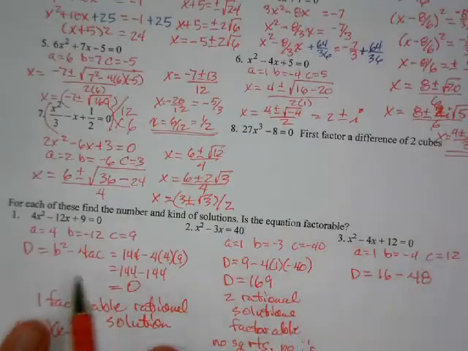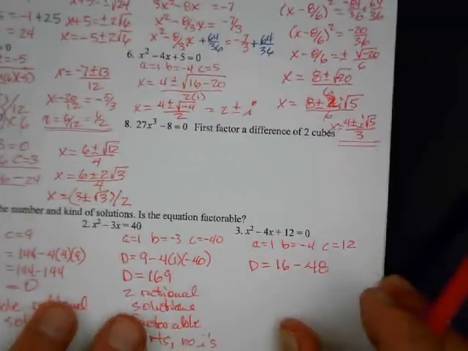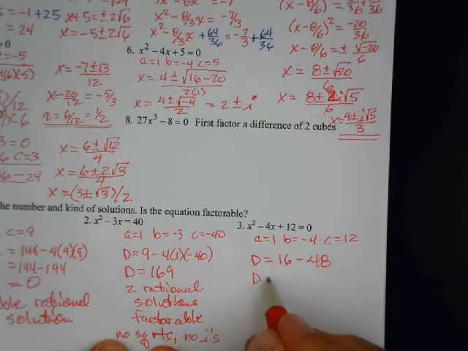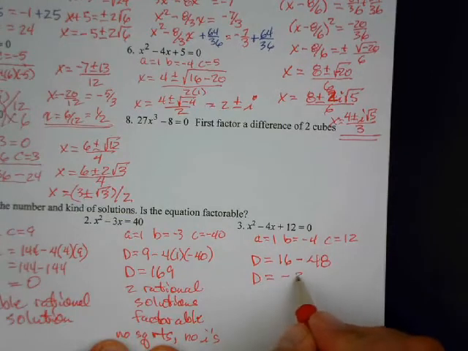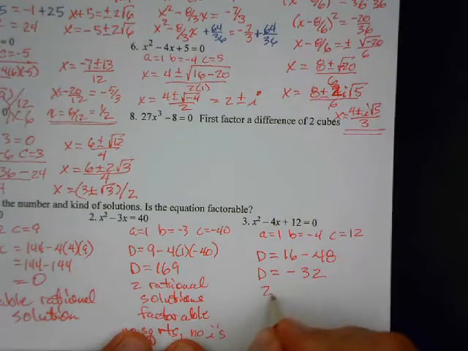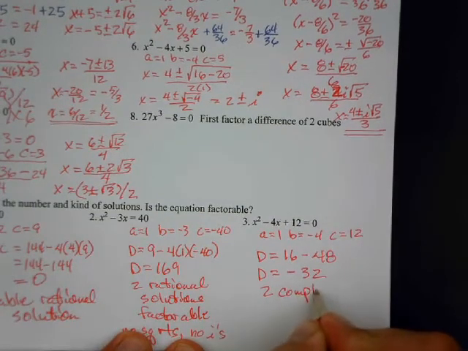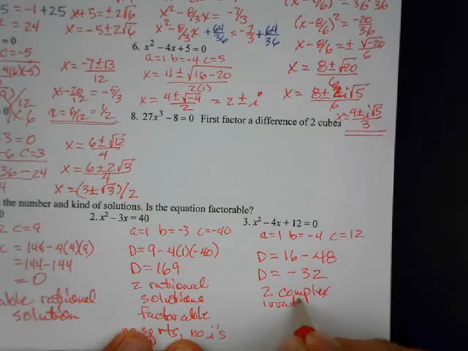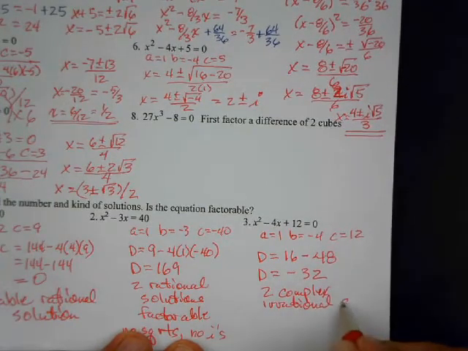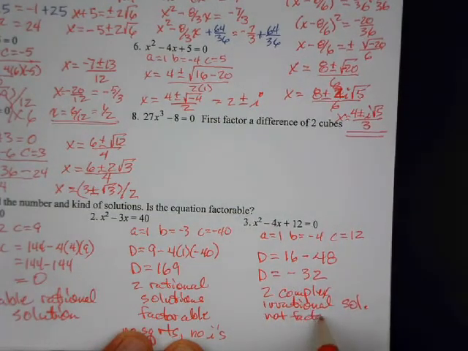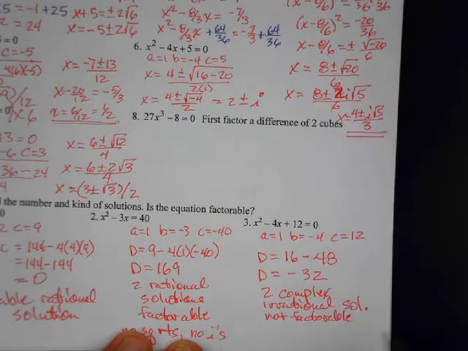So we're going to get -32, which means 2 complex irrational solutions. Which means, first of all, it's not factorable, has square roots, has i's in the answer.